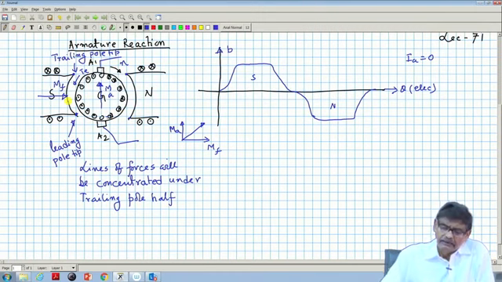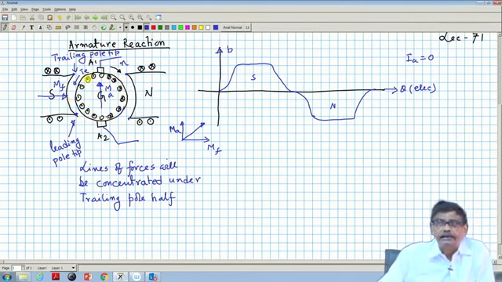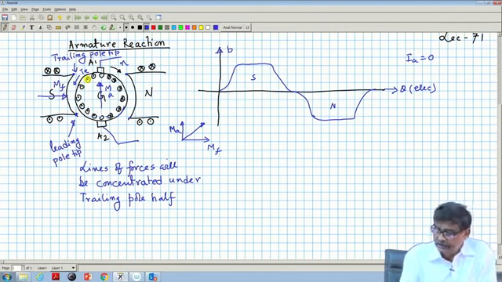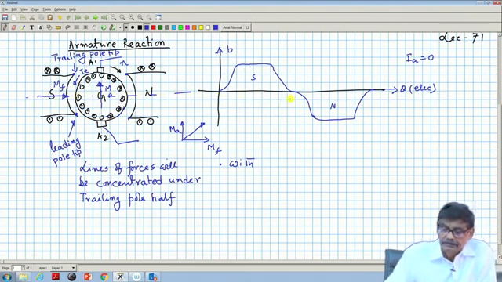Anyway, this was the scenario. Now, today we will go a step forward, we will try to investigate how this armature MMF will look when it carries current. So, with the brush position, this point is worth mentioning. Another thing you just note down: the field axis is this one.